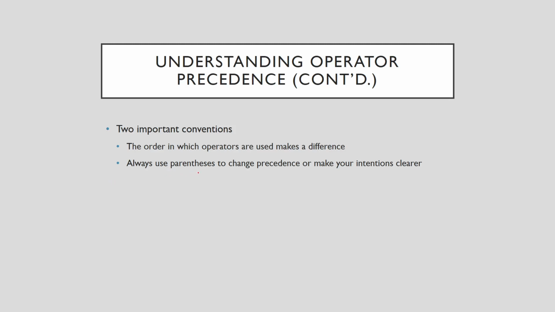And always use parentheses to change precedence or make your intentions clearer. So you must correct the logic of your decision making structure when it involves the different operators used as part of the Boolean statement or Boolean expression.